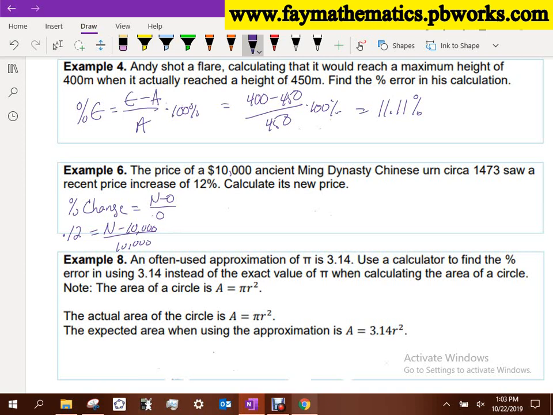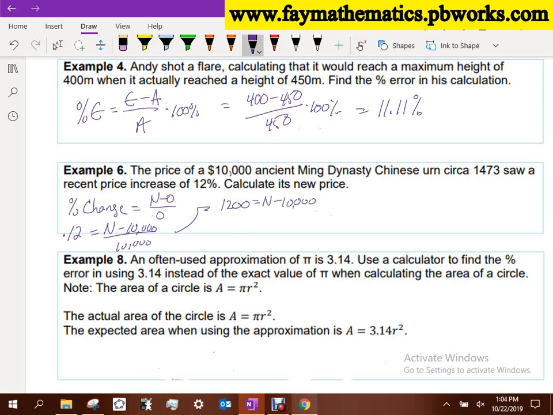I wouldn't do it this way, guys. I'm just showing you an option. But I'd multiply both sides by 10,000. So 0.12 times 10,000 gives me, all I've got to do is move the decimal place 1, 2, 3, 4 spots, so it'd be 1,200 equals n minus 10,000.